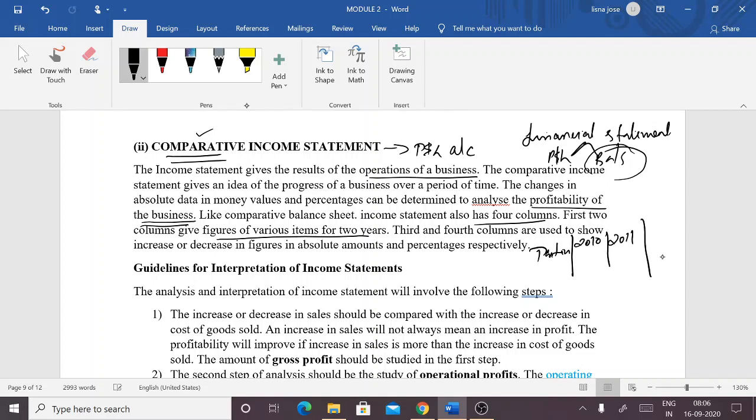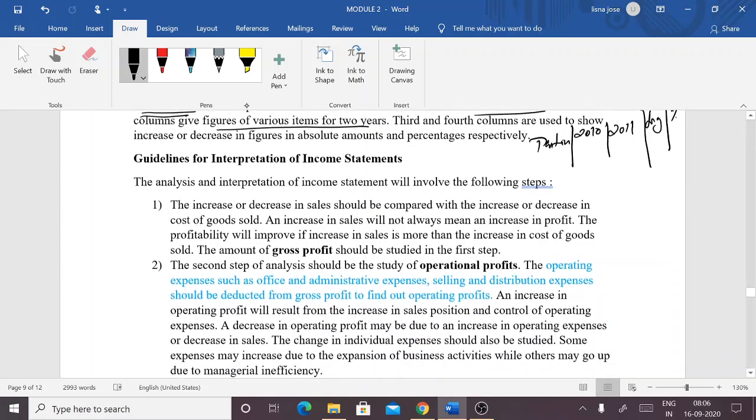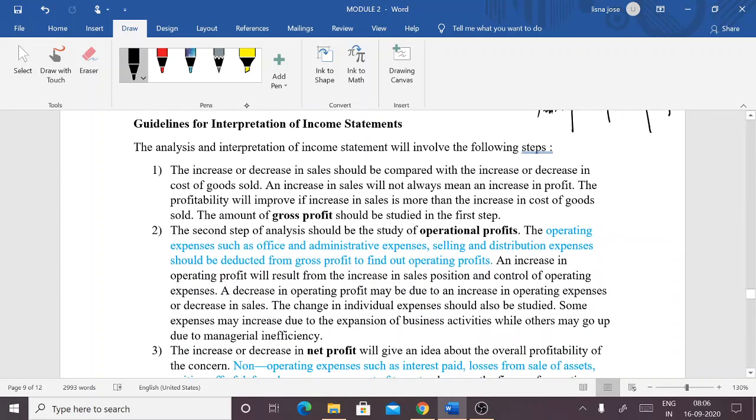The next column shows the increase or decrease in absolute figures, and the last column shows the percentage. Just the same format as our comparative balance sheet. And now we will see how we can interpret the income statement of a company while we are doing the same with the comparative income statement.